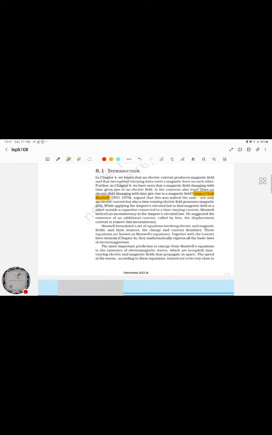When Maxwell tried to calculate the magnetic field, he observed a certain inconsistency in the Ampere circuital law, and he suggested there is some existence of an additional current called by him the displacement current to remove this inconsistency.